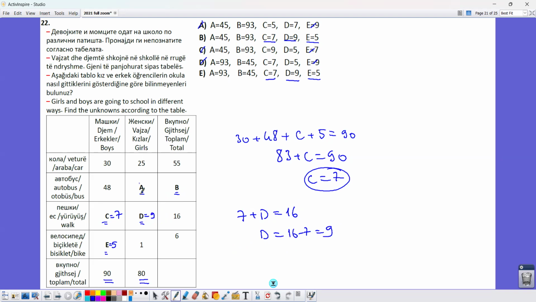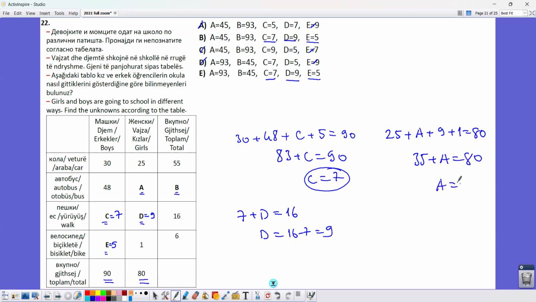Now I can find A because I know the total number of girls. And let's see, 25 of them by car, 8 by bus, 9 of them by walking, and 1 of them by bike. The total is 80. So here I have 35 plus A is equal to 80.